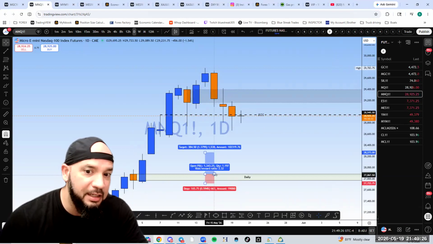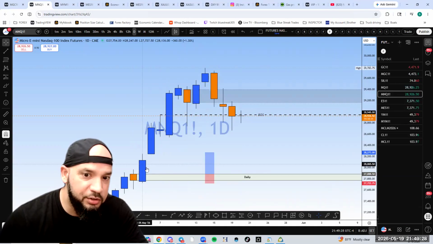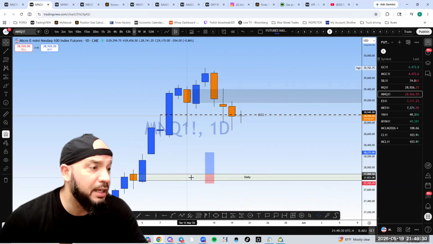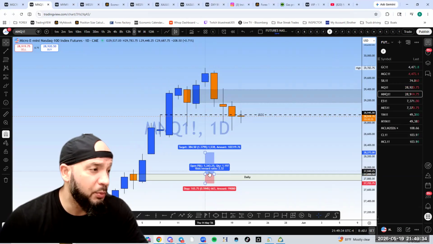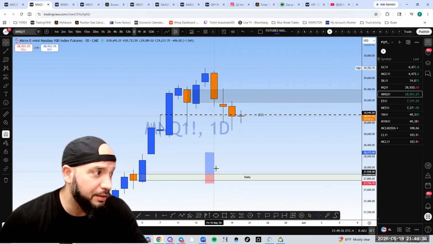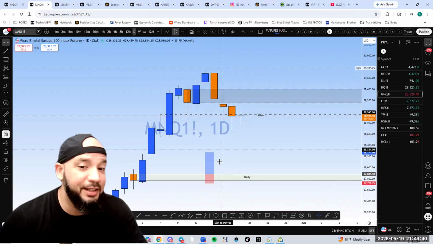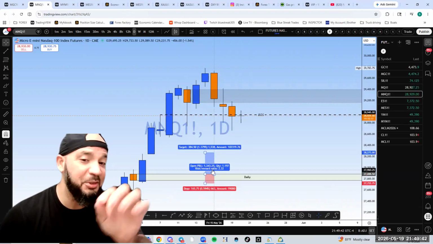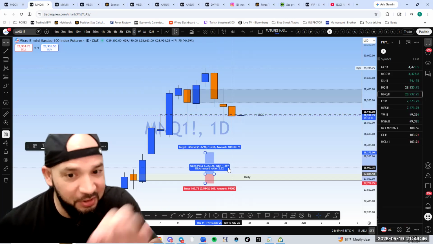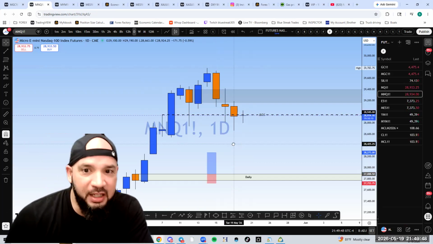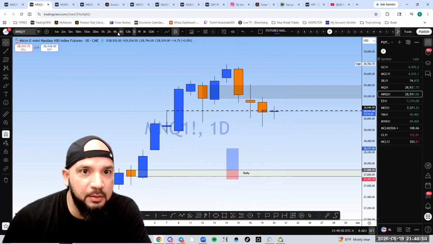I got a long play. We are so far away from this, but look how far ahead in the future I set plays. We're all the way up here. It's going to be a while if the market comes. The world has to end. If the market comes, I got a little note there that looks red and blue where we want a long. But let's look at the market for what it is right now.